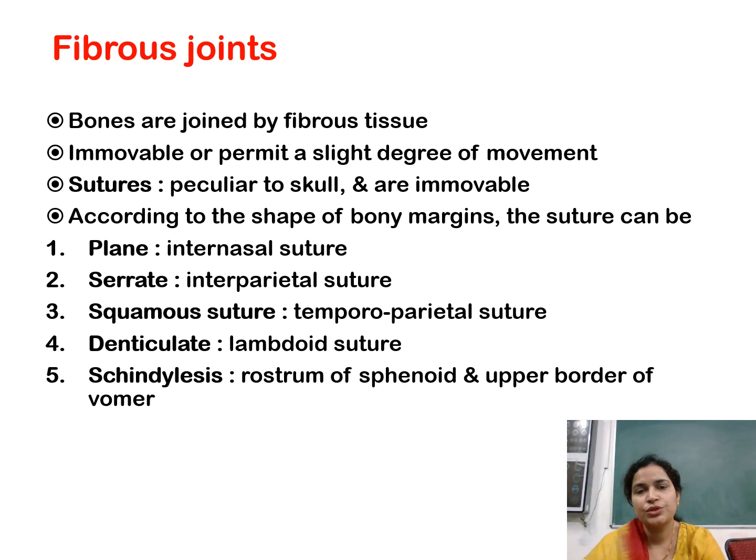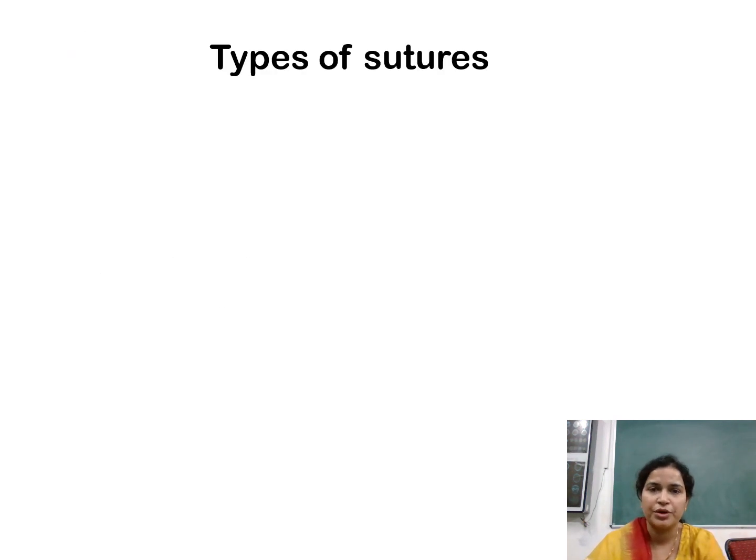In the plain suture, two quadrangular bones are there in the skull, here the nasal bones, forming the intranasal suture.